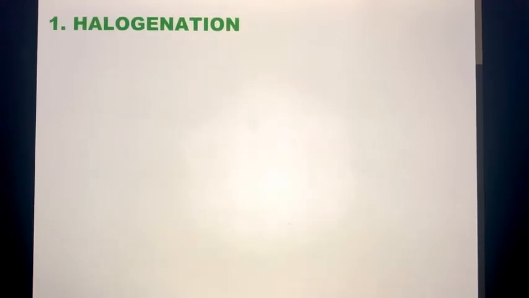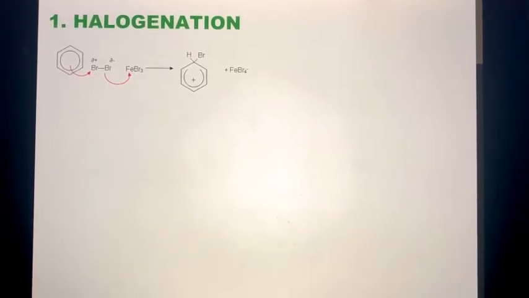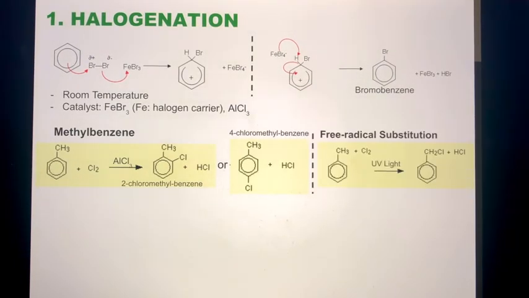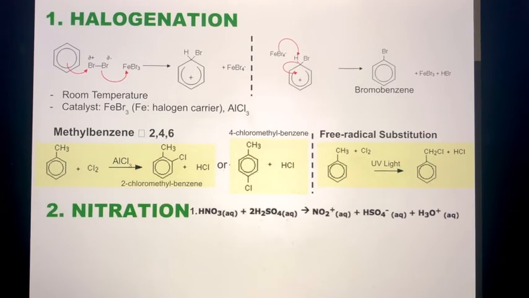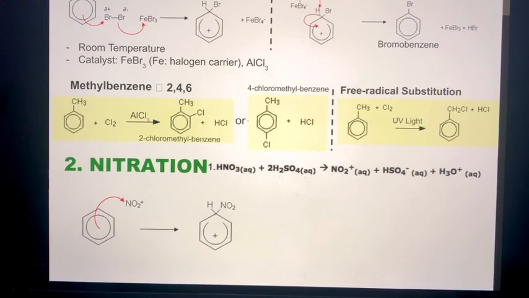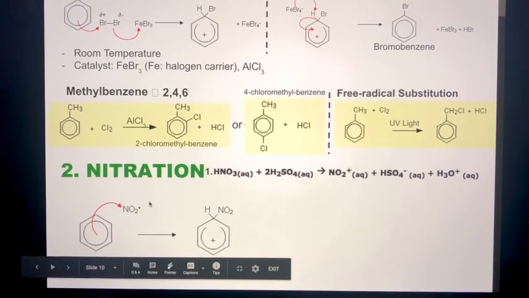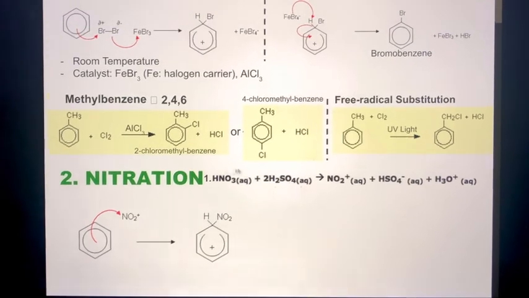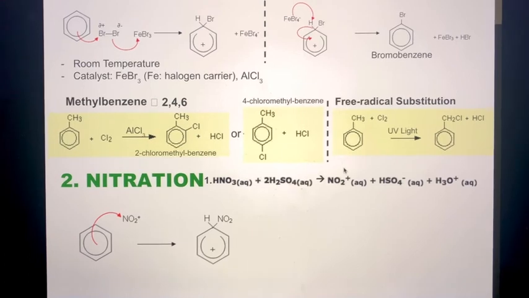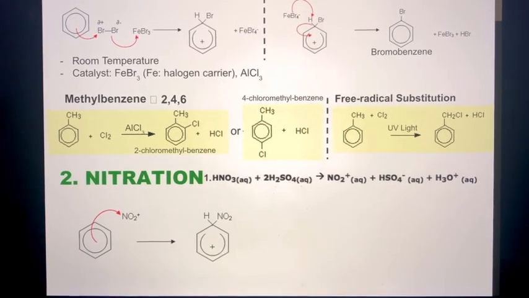And then this is the reaction for halogenation. Just replace the X with halogen. This is nitration. Just replace the X with the nitro group. As you can see, NO2 plus, not X anymore. And then there is also an equation to prepare an electrophile, because we cannot directly get an electrophile out of random reactions, right?